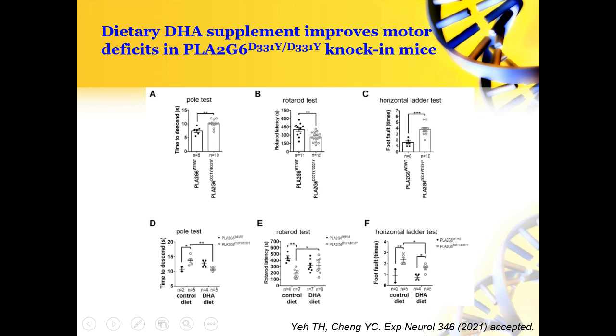Parkin homozygous knock-in mice displayed motor impairment as examined through the paw test, rotarod test, and horizontal ladder test. In contrast, DHA treatment nullified the motor defect in 8-month-old Parkin D331Y homozygous knock-in mice, as shown in the paw test, rotarod test, and horizontal ladder test.